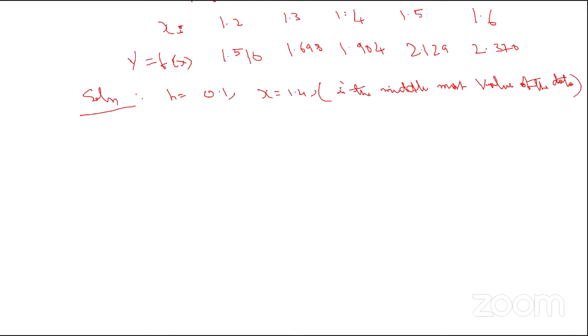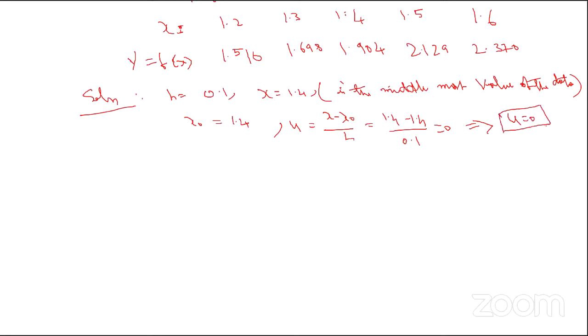So x naught equal to 1.4. Automatically we get u equal to x minus x naught by h, that equals 1.4 minus 1.4 whole divided by 0.1, that equals 0. That implies u equal to 0.